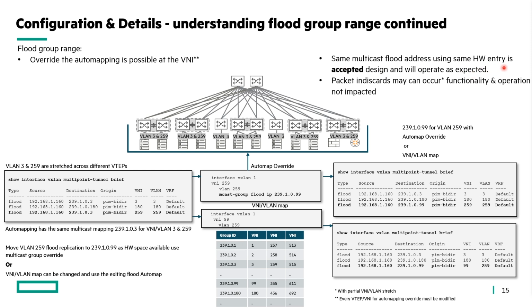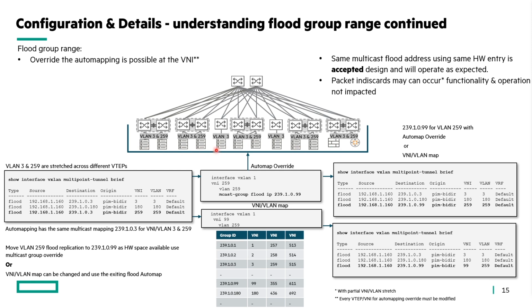Now this is accepted design, and the network will operate as expected. We may get some packet in discards, however functionality and operation is not impacted, and we'll cover this briefly now.